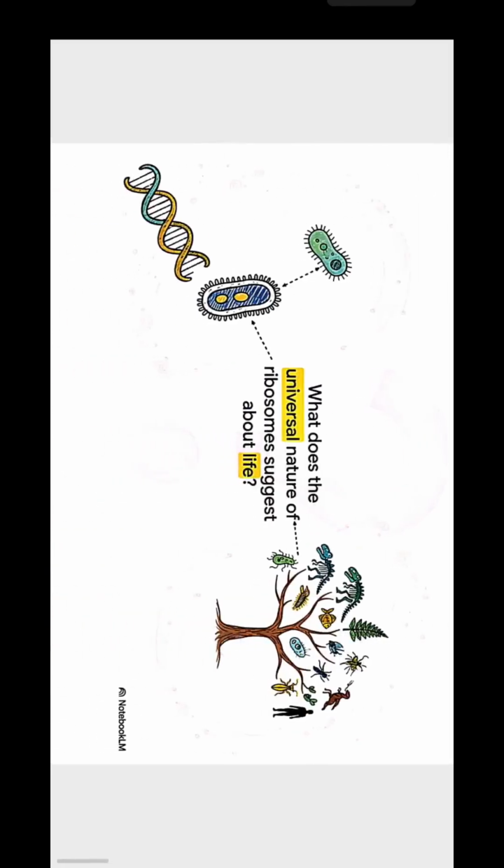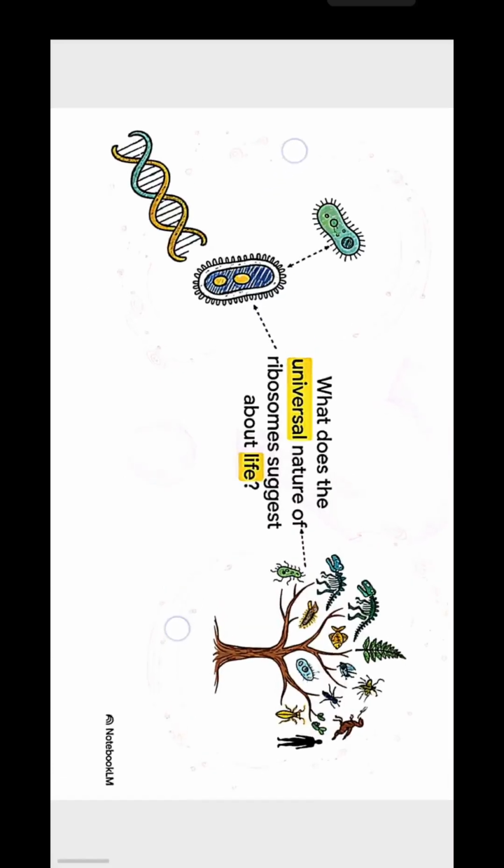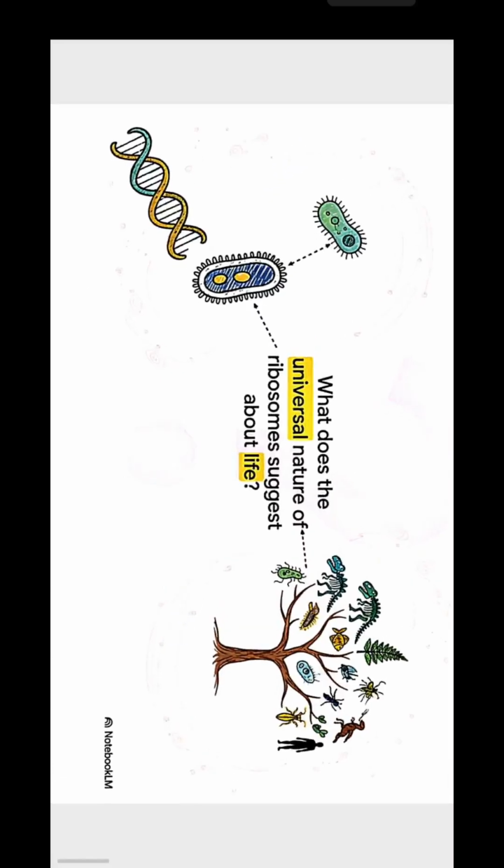Here we will discuss what the universal nature of ribosomes suggests about life. Ribosomes are present inside each and every type of cell. So we can say it is a very important vital component of the cell, without which life is not possible. It is a vital protein factory of the cell which is needed by all types of cells.